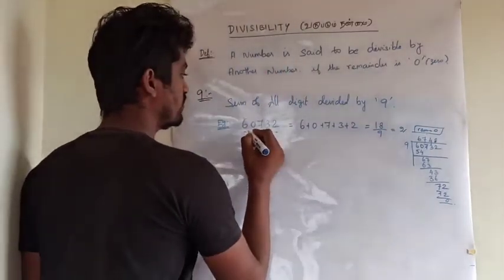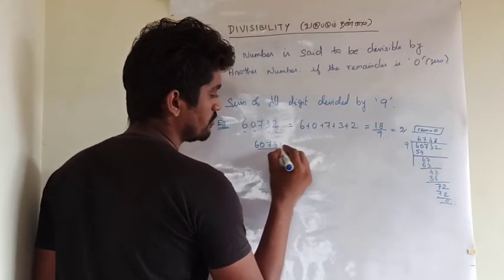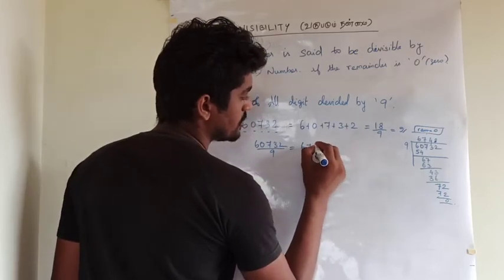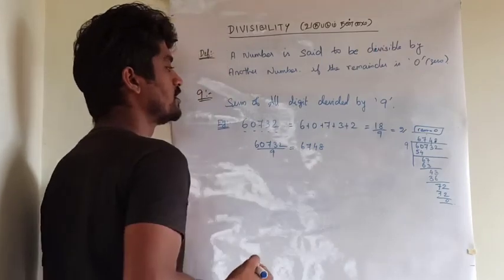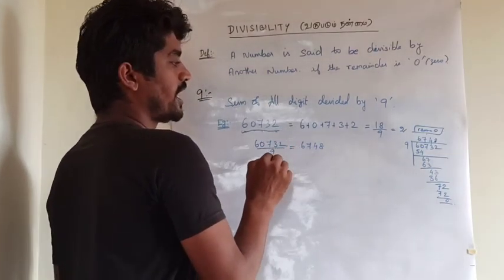The value of 60732 divided by 9 is 6748. So the given number is divisible by 9.